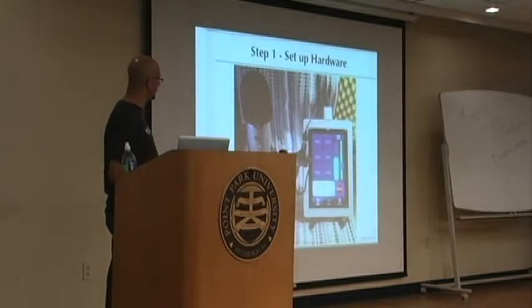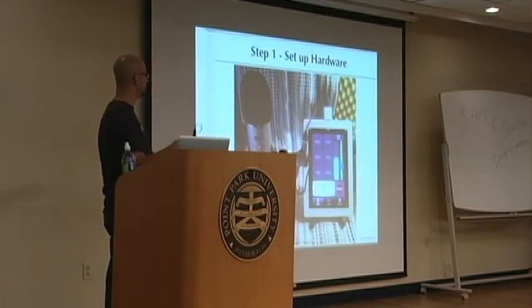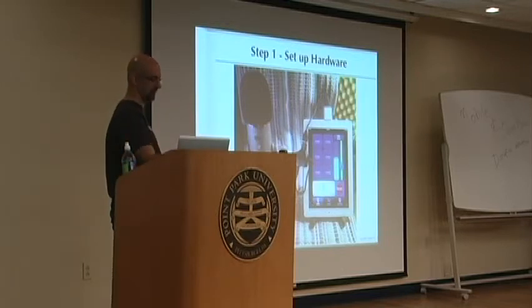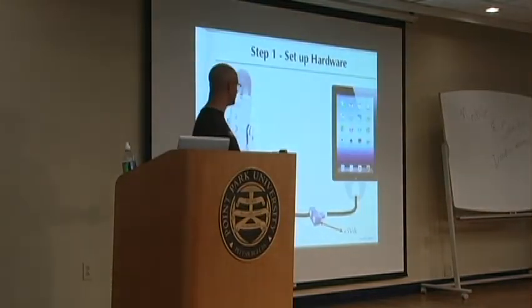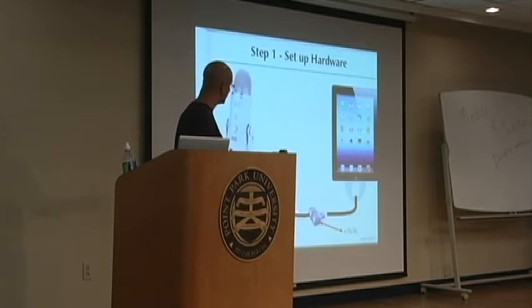This is a picture of my setup with the USB mic plugged into this equipment, into the 30-pin dock connector, and then the app running. That doesn't show very clearly, so that's why I put this next slide together. This is the basic configuration: USB cable into the power hub, and then this goes into the USB connector that goes into your iPad.